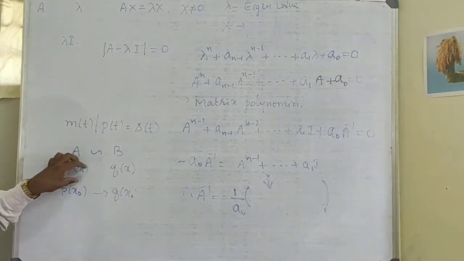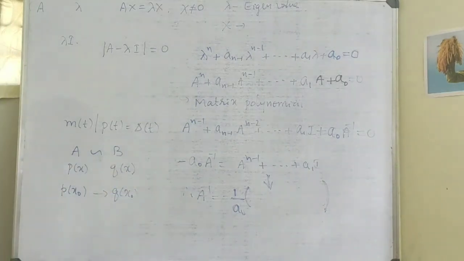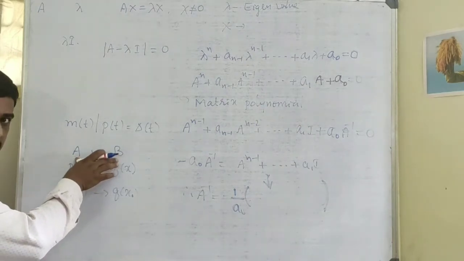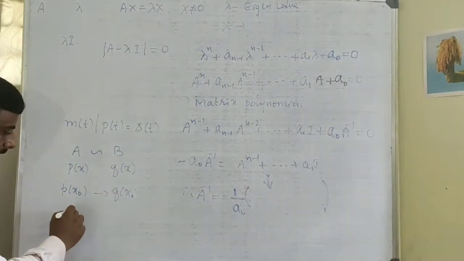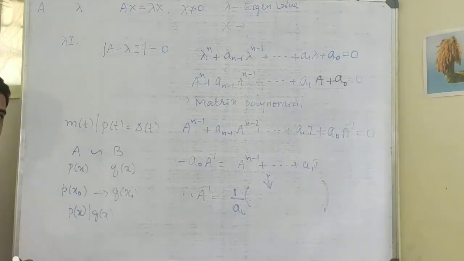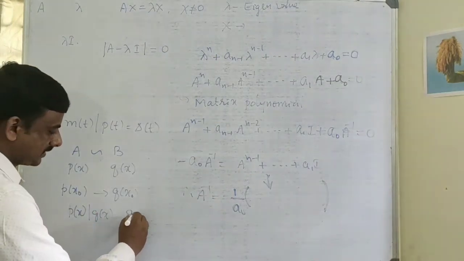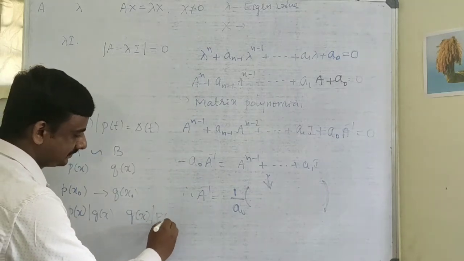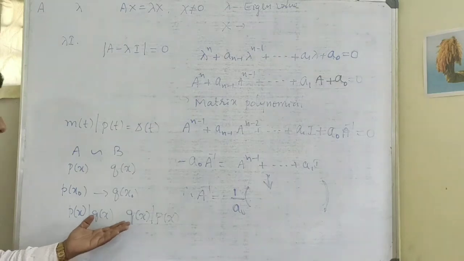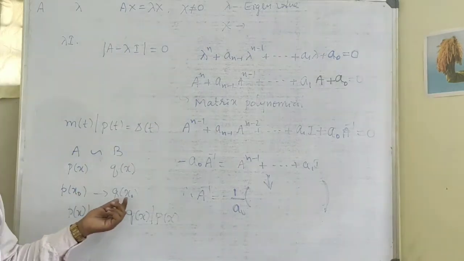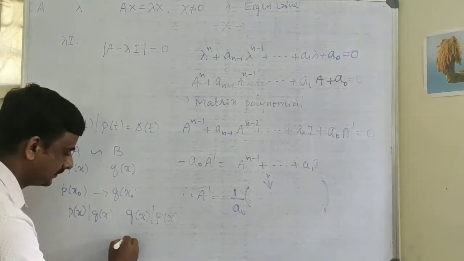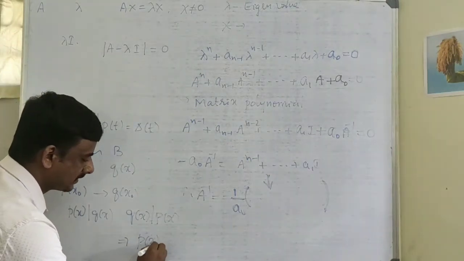So wherever this vanishes, this also vanishes there. And as I said, since one matrix is obtained from the other by using operations, P of x divides Q of x, and also Q of x divides P of x. So one is a divisor of the other, and every root of P of x is also a root of Q of x. So from these two things, you can conclude that P of x equal to Q of x.